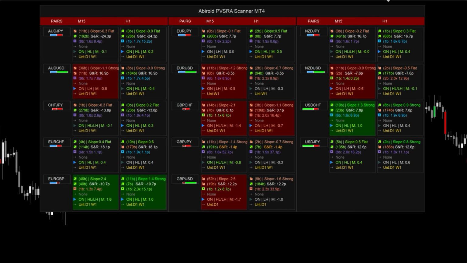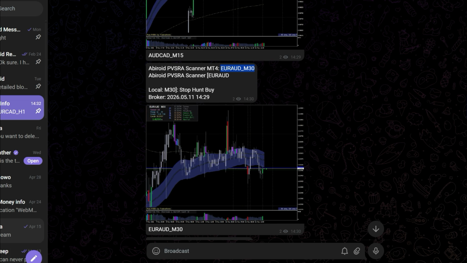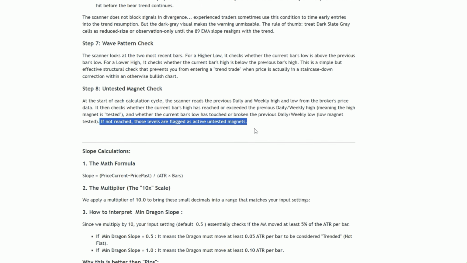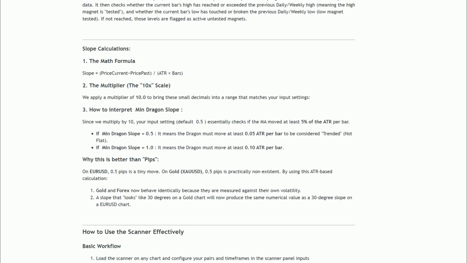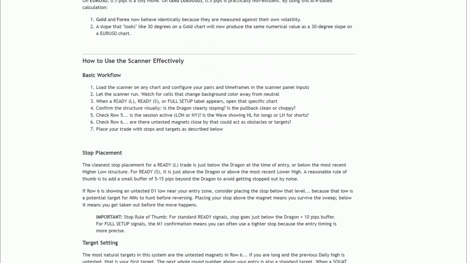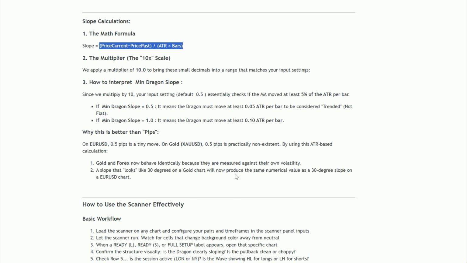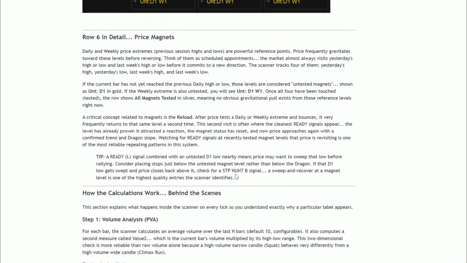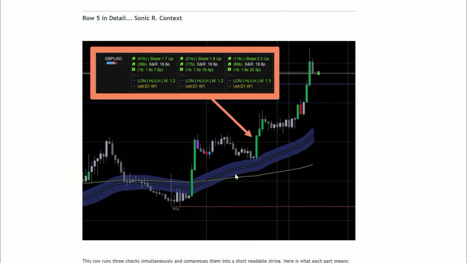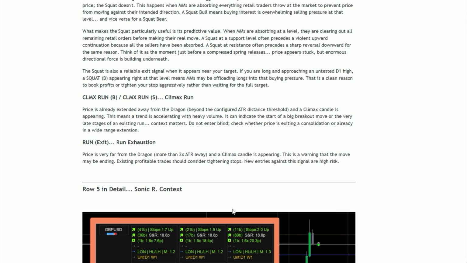I think I covered all these settings, but I would suggest that you go over this blog post because it contains the exact behind-the-scenes working of this scanner dashboard, exactly why it highlights and what color it will highlight in. It also shows you the accumulation, distribution and all of those screenshots.